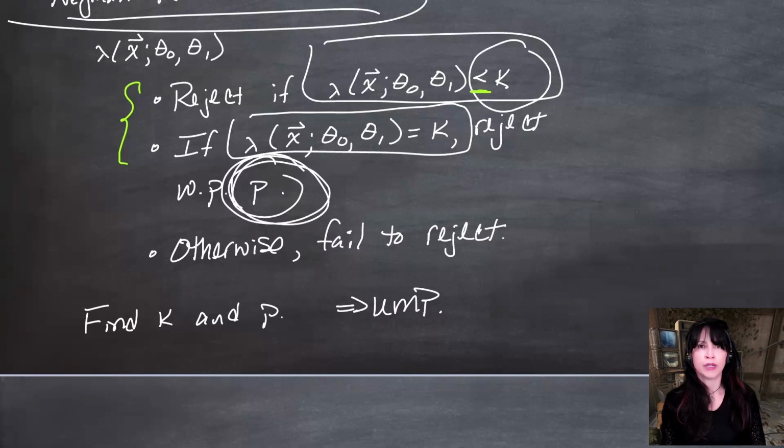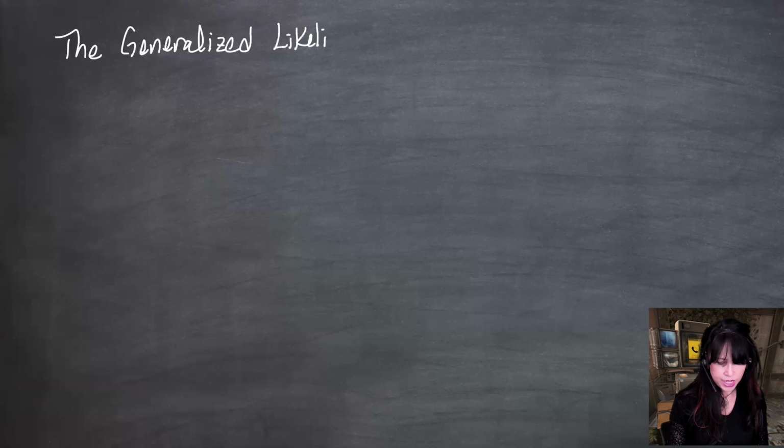For the purpose of forward momentum, let's talk about our final test in this course. And we're back to material that can be on your final. So all that Poisson, all that discrete stuff, level versus size, the additional Neyman-Pearson, I'm not going to test you on any of that. But our final test is called the Generalized Likelihood Ratio Test.